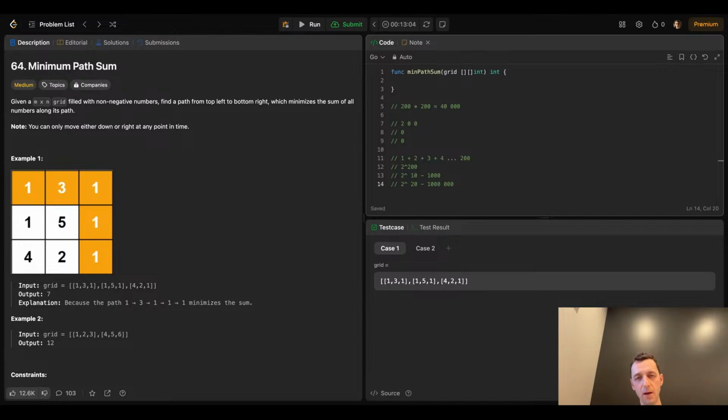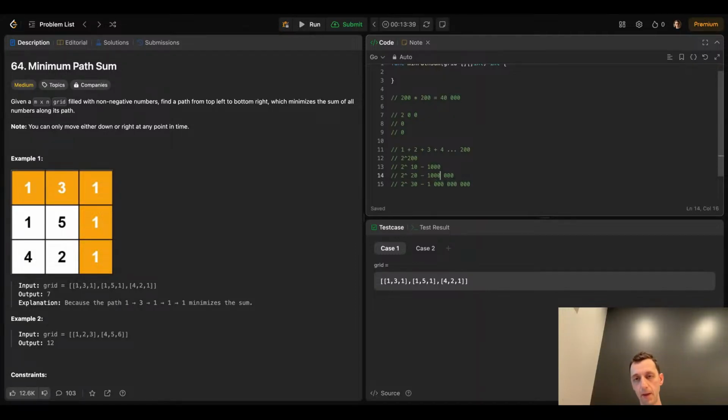And then 2 to the power of 30 is 1,000,000,000. So it looks like it's too big. That's already 1,000,000,000.